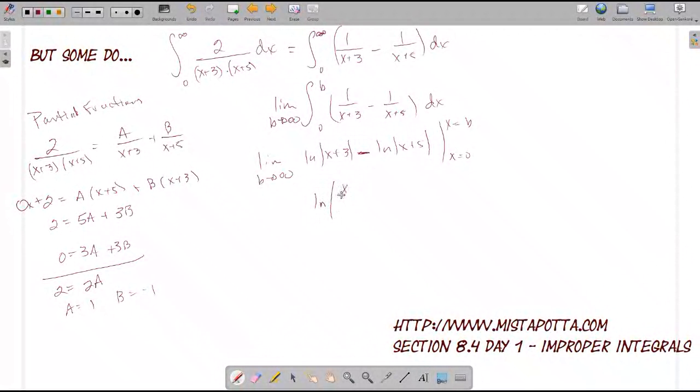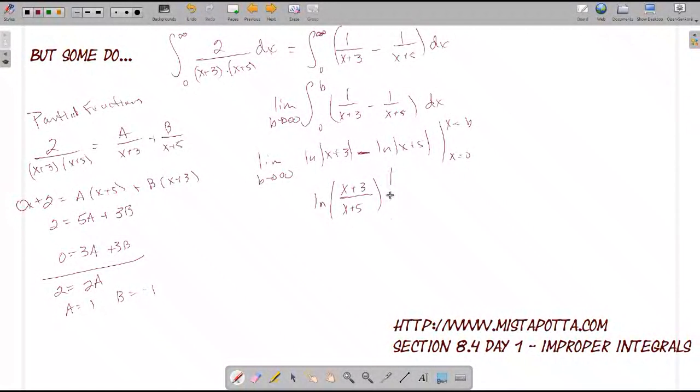So I'm really going to have x plus 3 over x plus 5. And I'm using parentheses instead of absolute value because on this domain from 0 to positive, these expressions aren't negative.